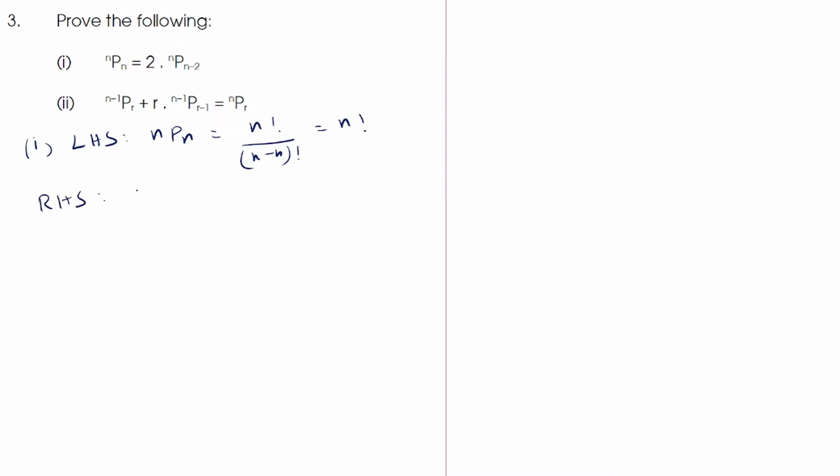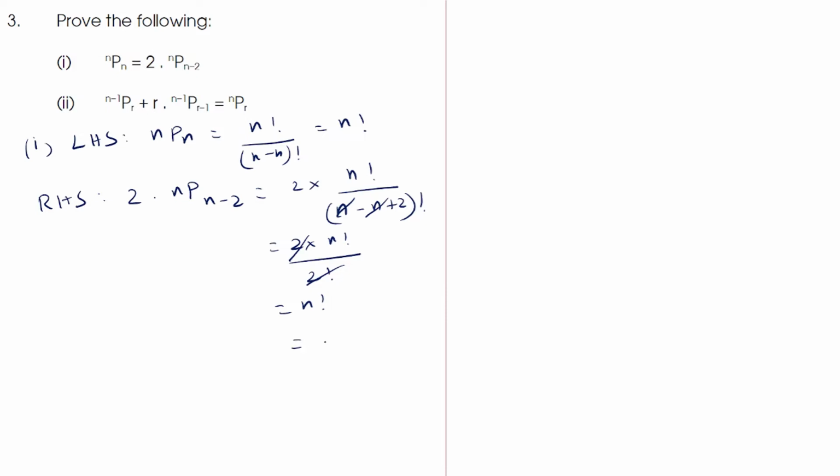And the right hand side is 2 into nP(n minus 2), so it is 2 into n factorial by (n minus (n minus 2)), so (n minus n plus 2) factorial. So these two will go. So we get 2 into n factorial by 2 factorial. So this is n factorial, which is equal to the left hand side. So both left hand side and right hand side are equal.